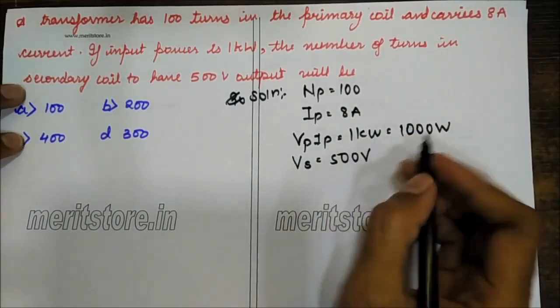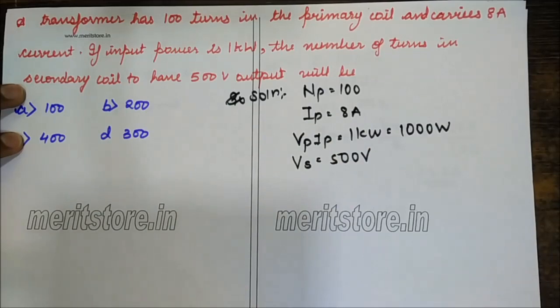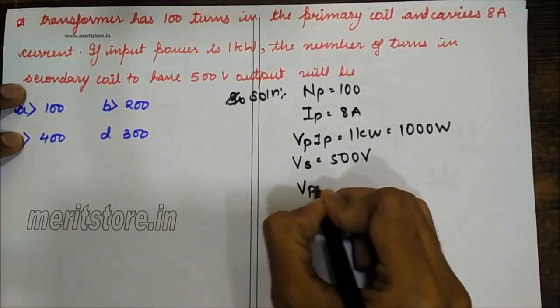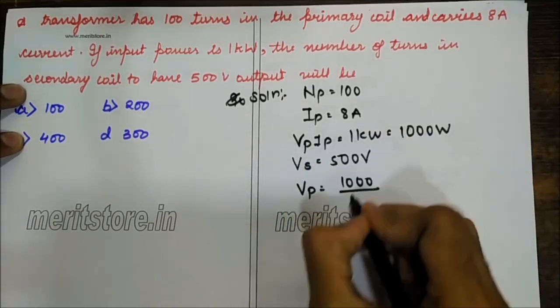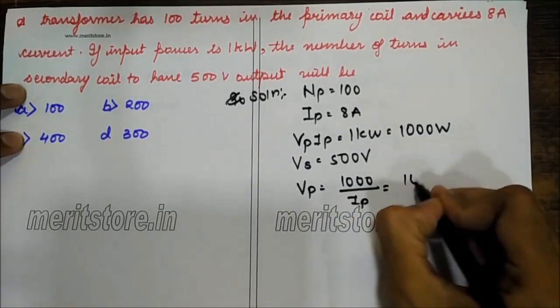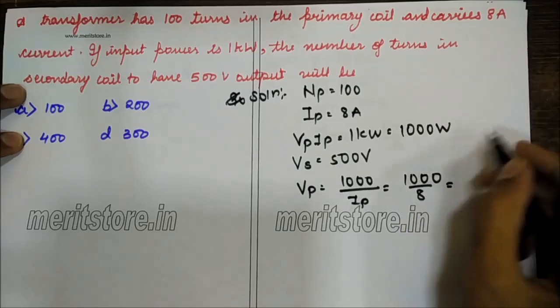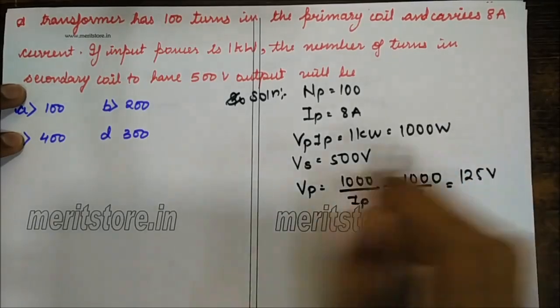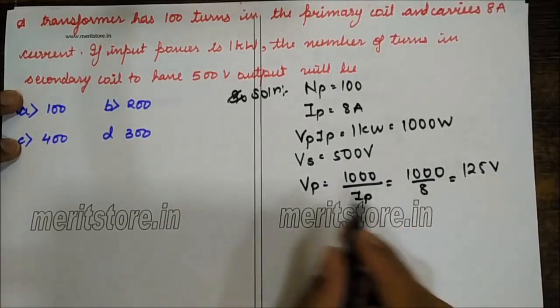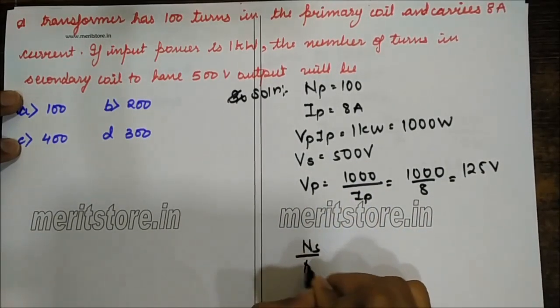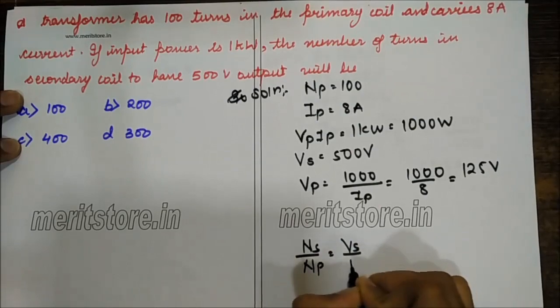Okay, so first we'll find the input voltage, that is Vp, that is equal to 1000, which we got, upon Ip, which we already have as 8. So that gives you a value of 125 volts of input voltage. Okay, now we'll use the ideal transformer equation, that is Ns upon Np is equal to Vs upon Vp.